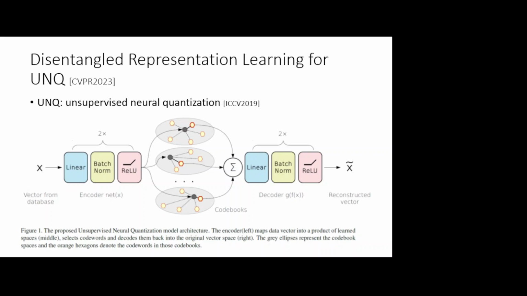Okay, UNQ works like this. Given a vector x, a database vector x, we have an encoder-decoder architecture. We hope to quantize the original raw data vector so that we can store a compact representation, a quantized version of data x.